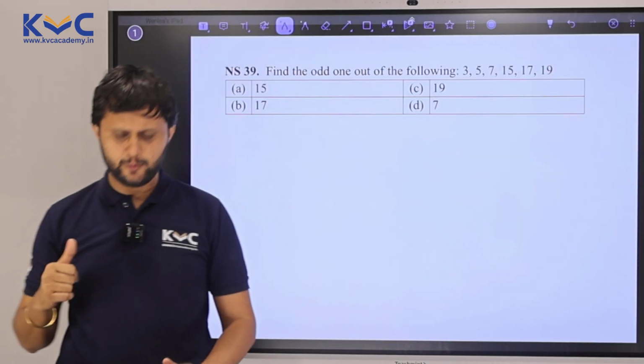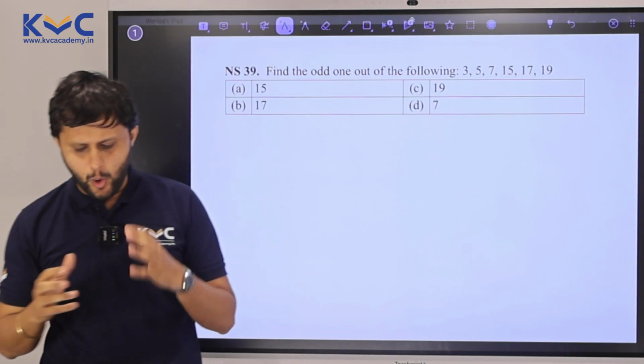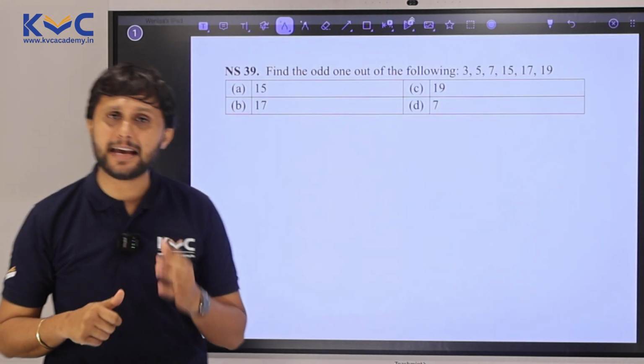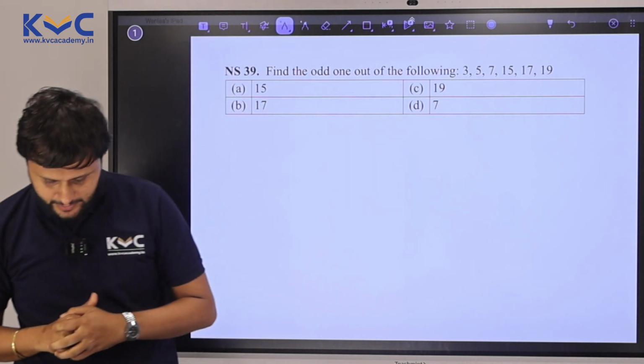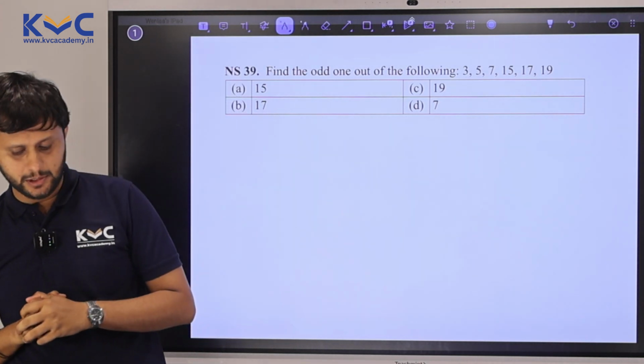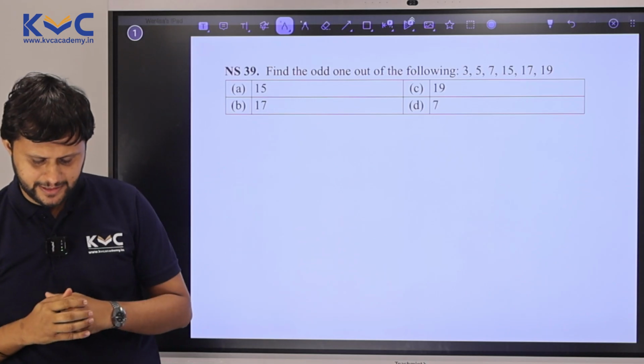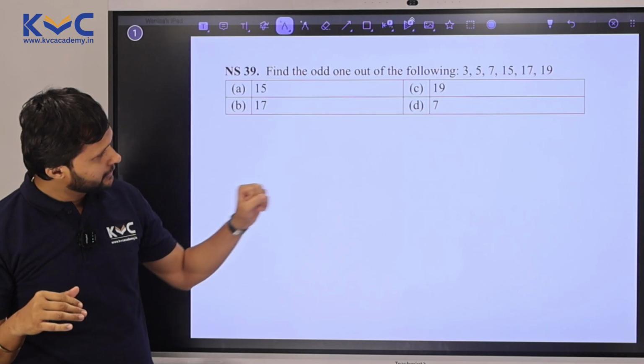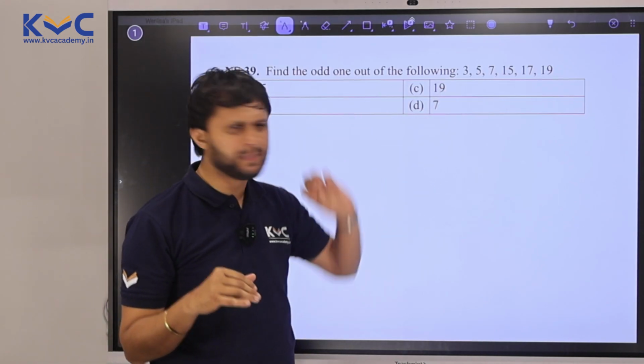We'll take few questions that are there. Find the odd one out. We have 3, 5, 7, 15, 17, 19. If you see carefully over here, do you find something weird about any particular number? From what I see, all are prime numbers, right?